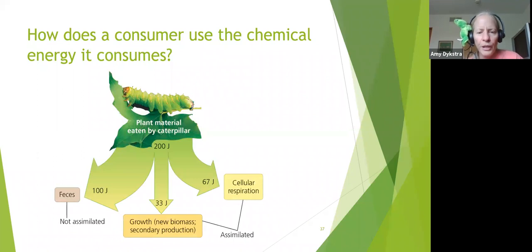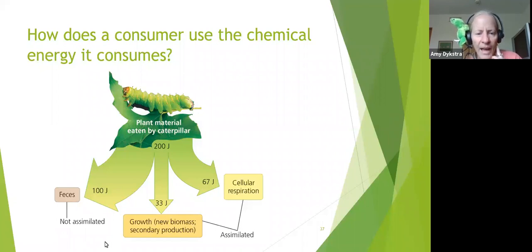And hopefully you said that it's going to use some of its energy for cellular respiration because it needs to do cellular respiration to make ATP, which is energy that it needs to carry on its processes. And it's going to use some of that energy to build new organic molecules. So it's going to do biosynthesis with some of that plant material.